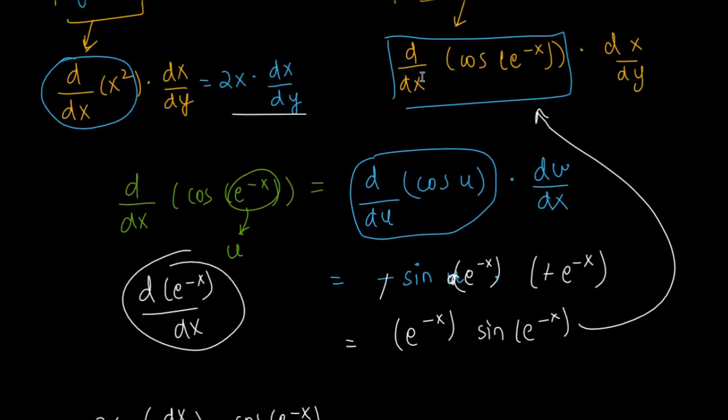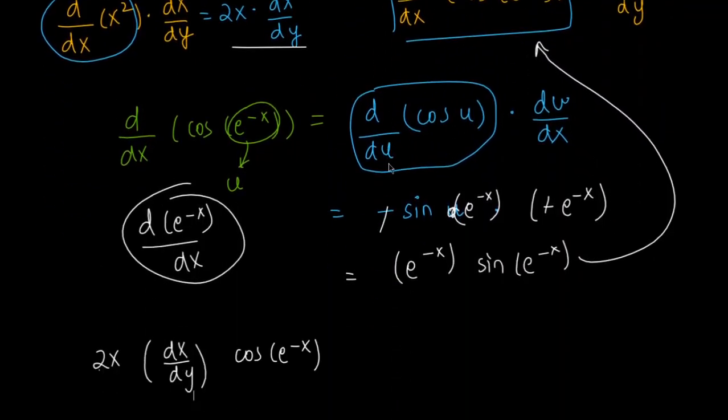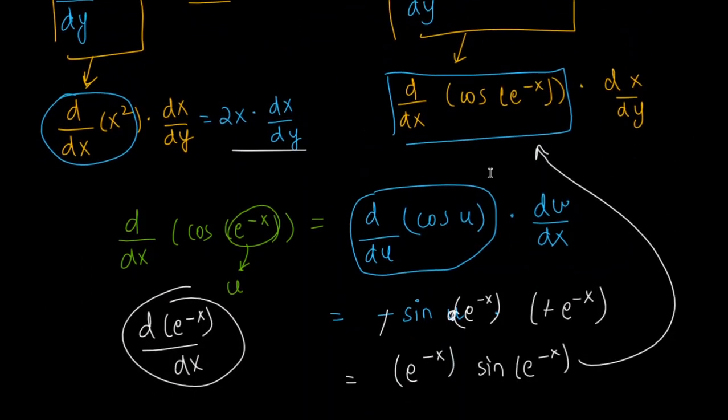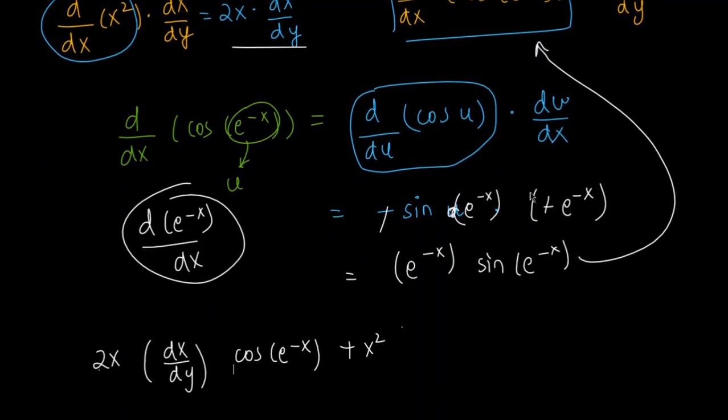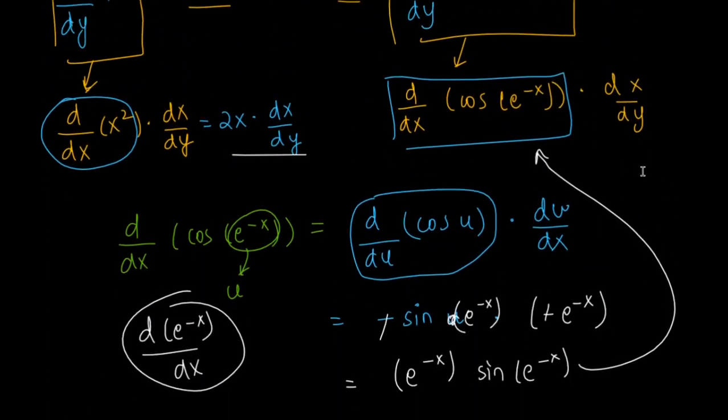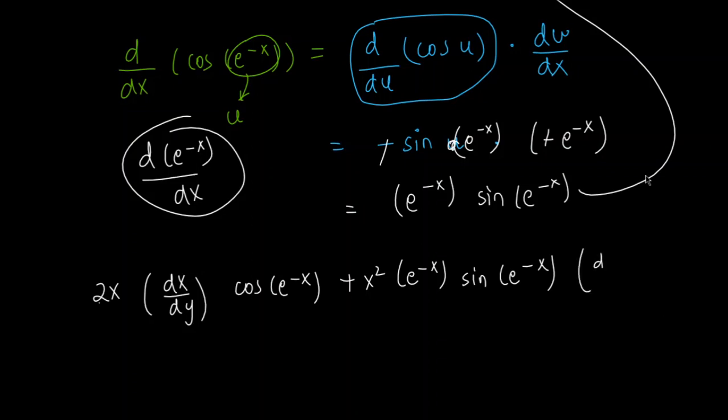And then after that you have plus x squared times this entire derivative you have here. So e to the power of negative x times sine of e to the power of negative x times what you got till here, times dx over dy. This is equal to 1.